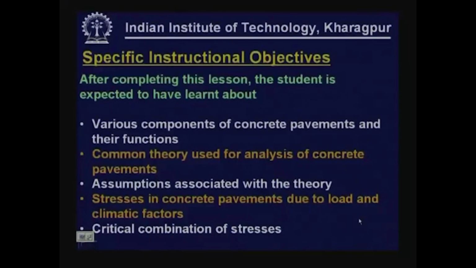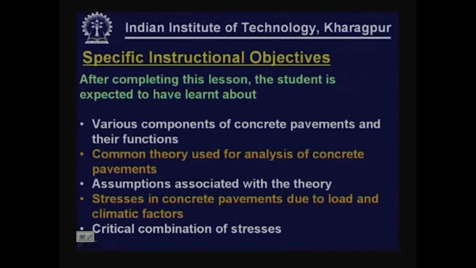The specific objectives of this lesson: after completing this lesson, it is expected that the student would have learnt about various components of concrete pavement. Unlike flexible pavement, concrete pavement is significantly different in the sense that it is not usually a continuous layer.